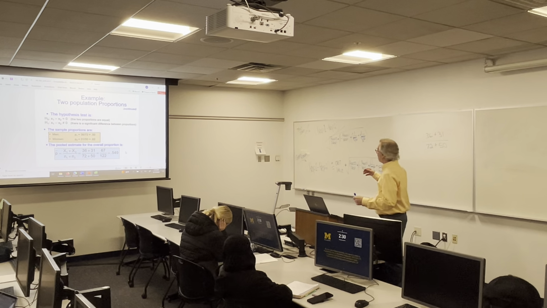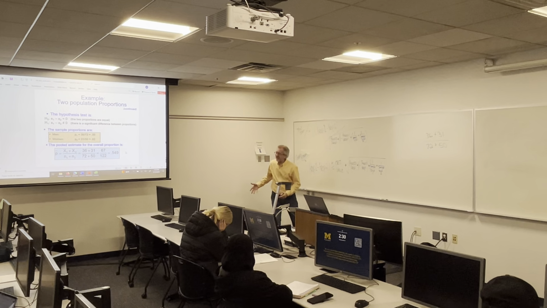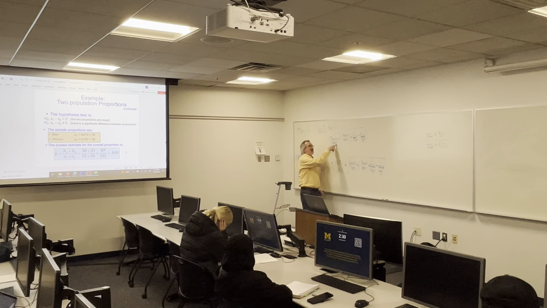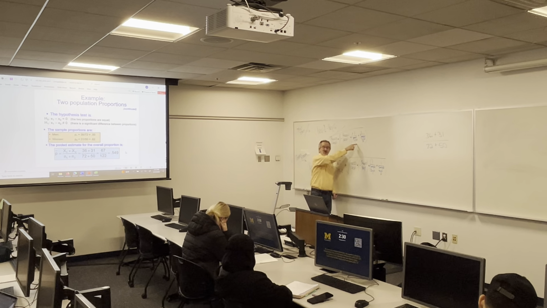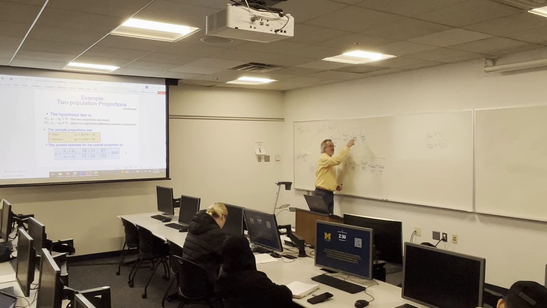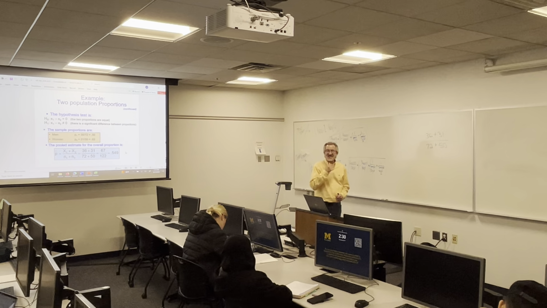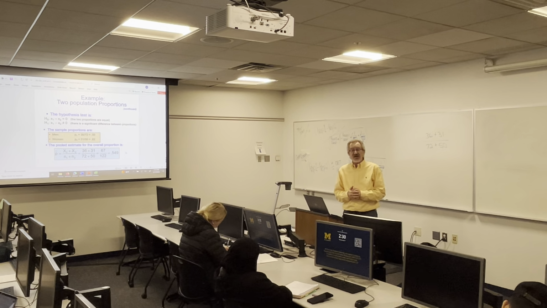And I want you to think of this equation right here, the denominator. This is, what was it, 0.55? I'm rounding, 0.549. 0.549 times 1 minus 0.549 times 1 over the sample size for the first one, which is 72, plus 1 over the sample size for the second one, which is 50. There's the setup for this test statistic, where if this is the p-value approach, that'd be most of the points right there.